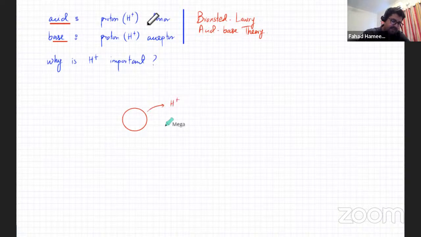It's giving off H+1 ions. It could give 1 H+1 ion, it could produce 2 H+1 ions, or it could produce 3 H+1 ions. Something that produces 1 H+1 ion is known as a monoprotic acid or a monobasic acid.